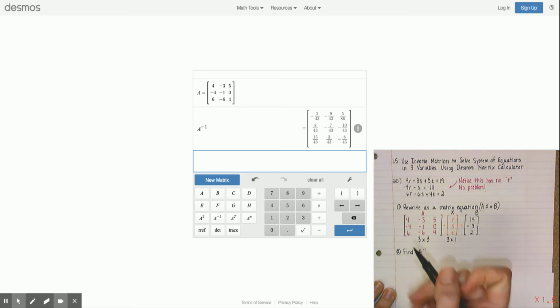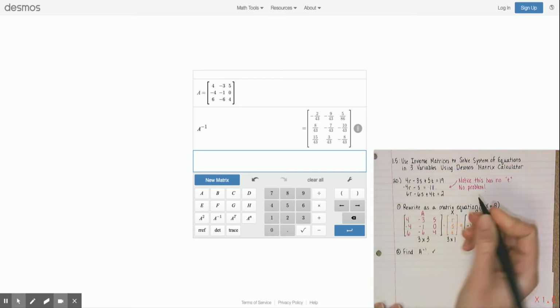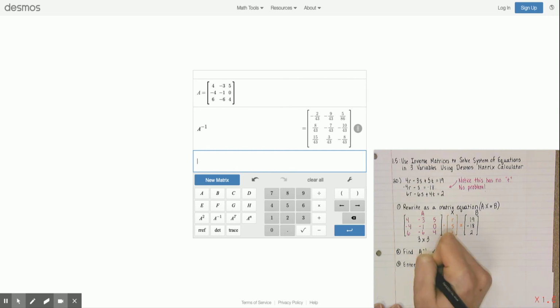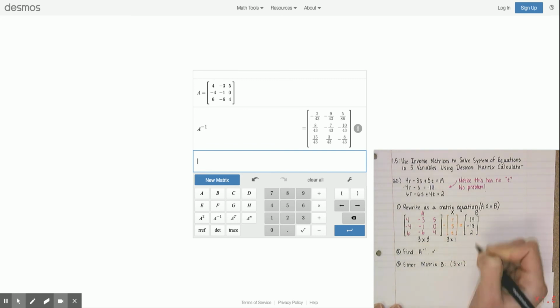So we found the inverse of matrix A, and now we need to enter matrix B. So when we enter matrix B, think about our dimensions. We need dimensions of 3 by 1, not 1 by 3.